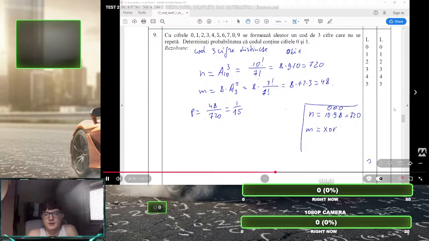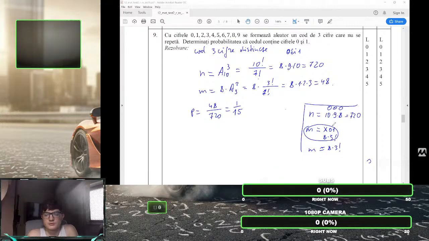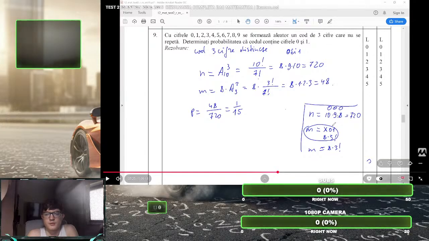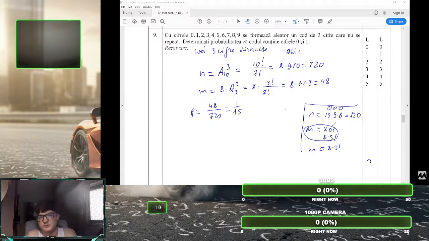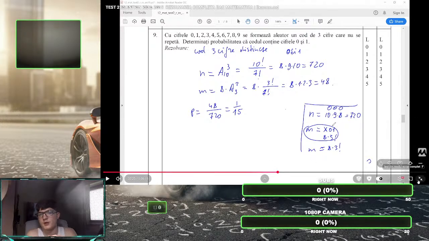And now on the next part, x01, so it's going to be 3 factorial because you have 01. So why 3 factorial? You have 01. Doesn't really make sense. I have to take this into account also.